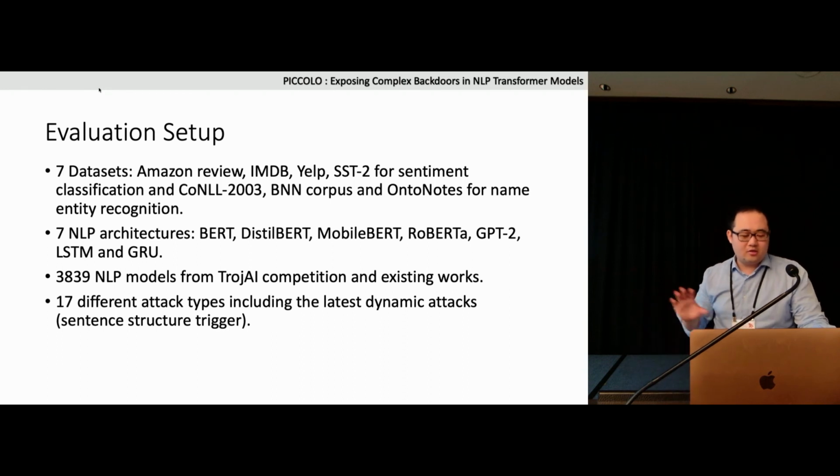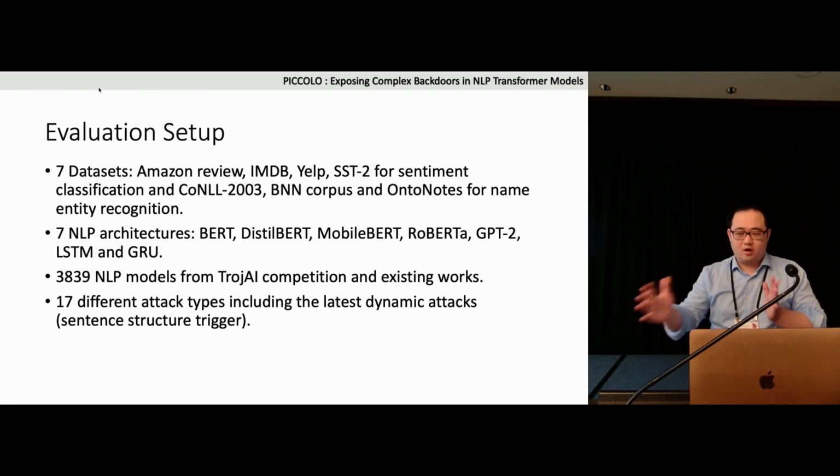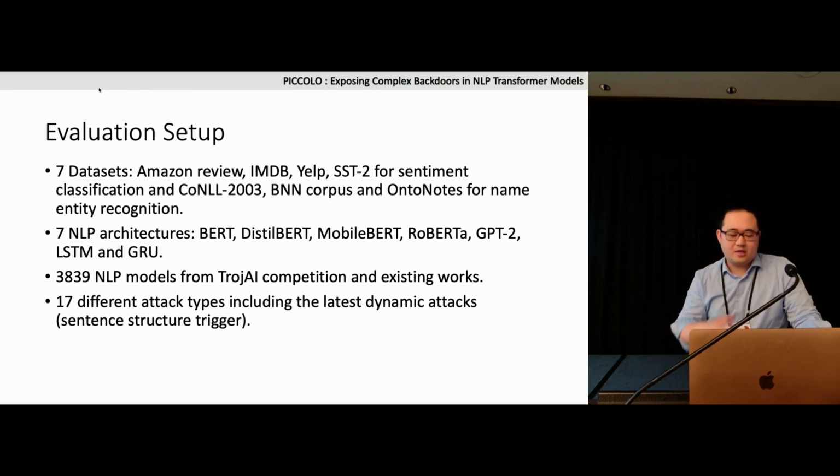But overall the architecture does not matter that much. In terms of different attack types, we handle the fixed trigger worst because we are an inversion technique, and usually it's very hard to invert a whole phrase. But the details can be found in our paper. Thank you.